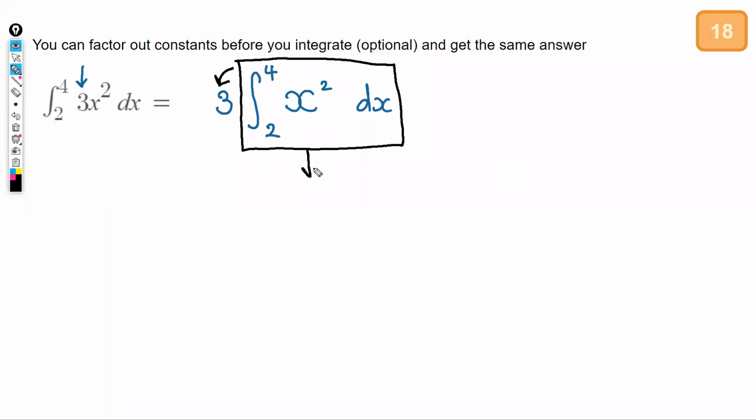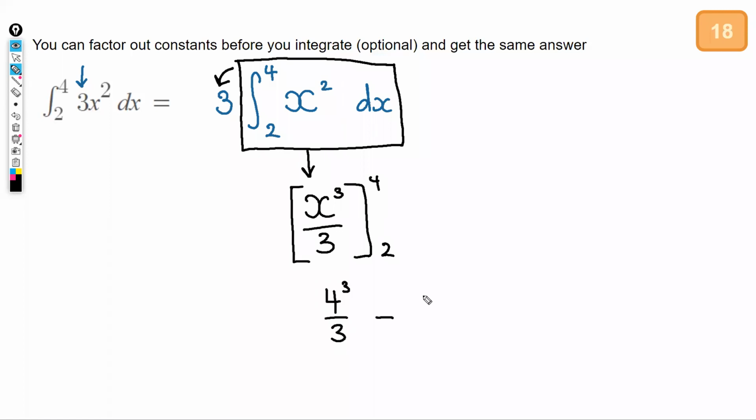Because when you integrate this, you're going to get x cubed on 3. Put your big square brackets here. You get 4 on 2. So you get 4 to the power 3 divided by 3 minus 2 to the power 3 divided by 2.